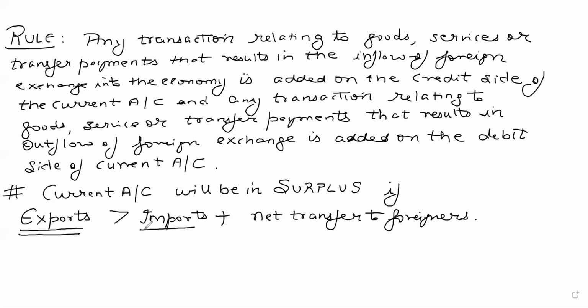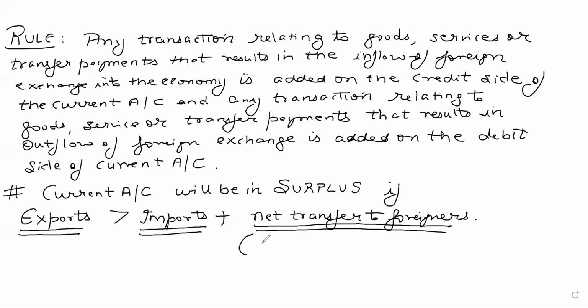And when we are importing from the rest of the world, we have to make payment to the foreigners in lieu of imports. That means foreign exchange will flow out of our country. And when we are making the transfer payment to foreigners. So net transfer to foreigners means what?